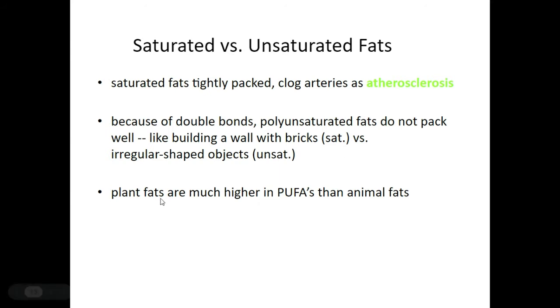Okay, and I think I have already explained this also last time sa ato ang lecture. Plant fats do contain much higher PUFAs than animal fats, so therefore plant fats are healthier. Okay, plant fats do contain a higher quality of fats.